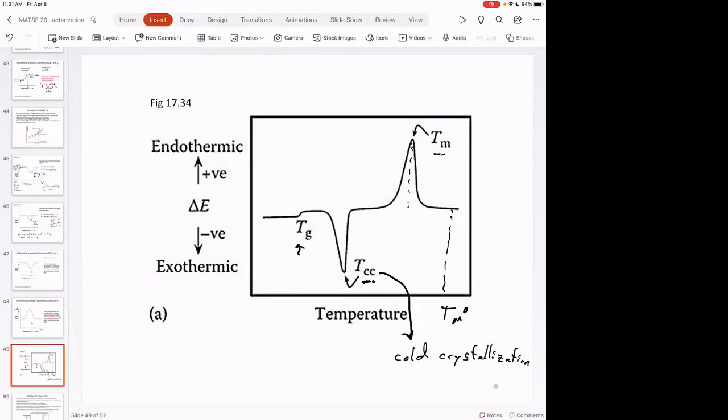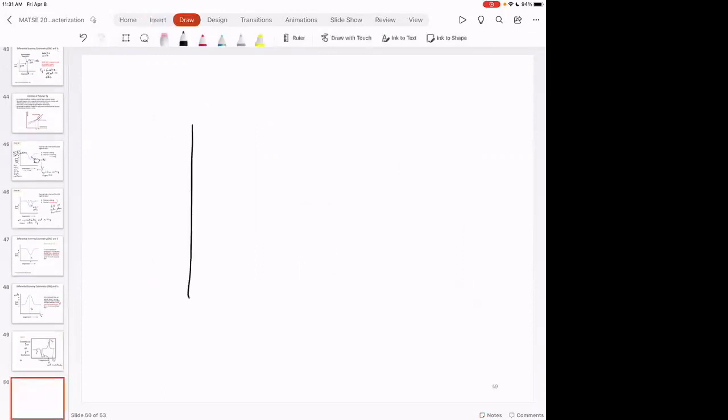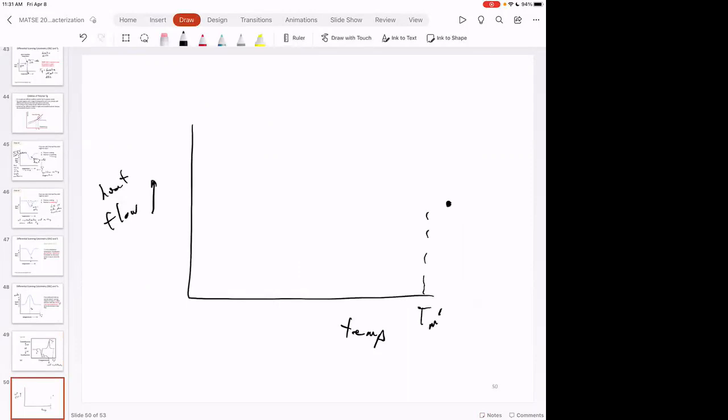And so let me insert a slide. So if I have my temperature and I have my heat flow, I start here above TM0 and I cool this down. So I'm moving in the cooling direction first. So I take my sample, put it in the pan.